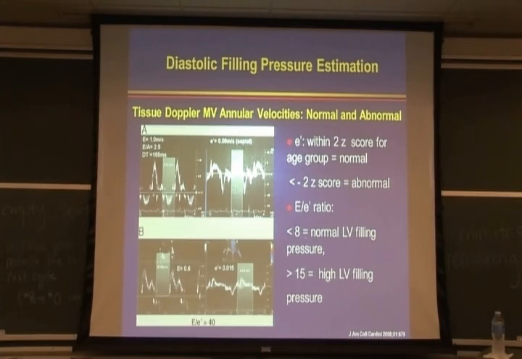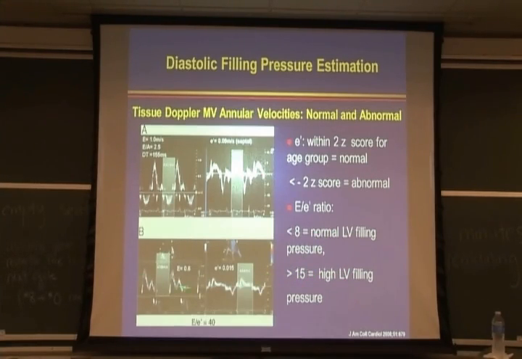So this is one thing which has come into practice, and we can measure what the ventricle pressure is. If it is less than 8, then it's normal. If it's more than 15, then it is abnormal. So there's a lot of information one can derive.